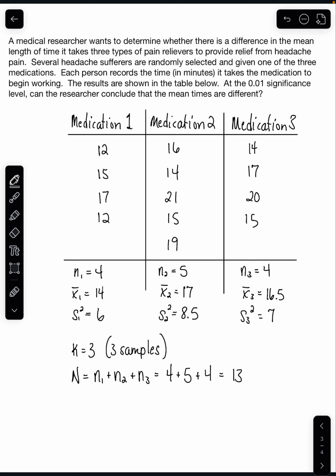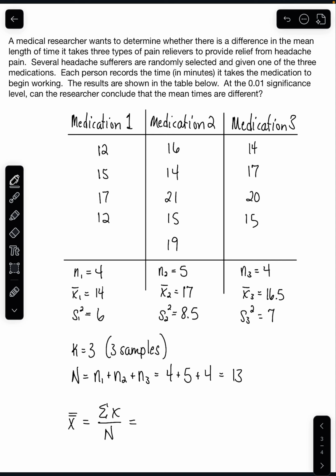The next thing we need is the grand mean. The grand mean, x double bar, is going to come from adding up all of the data values and dividing by the total number of data values there are among the 3 samples.